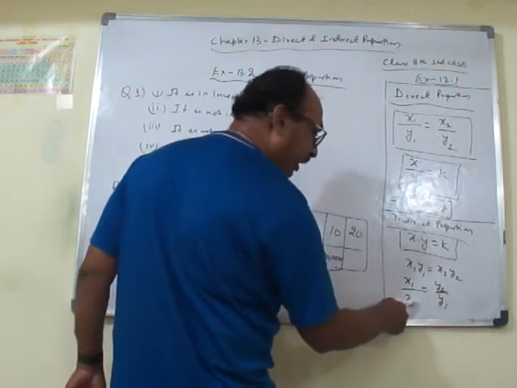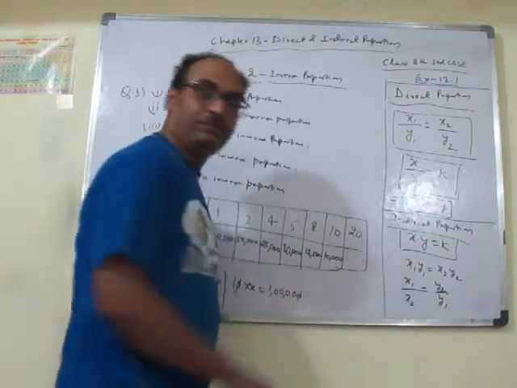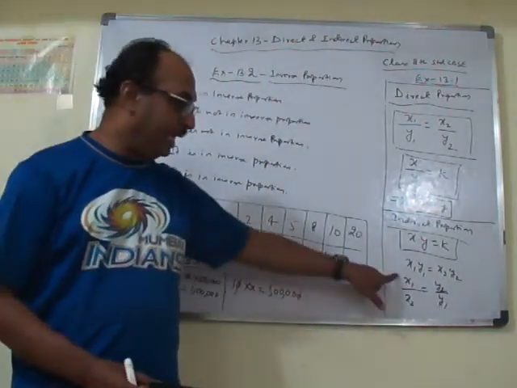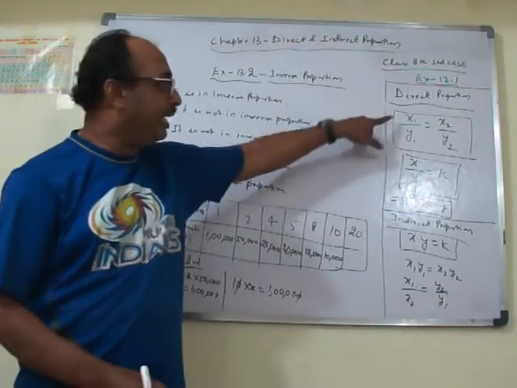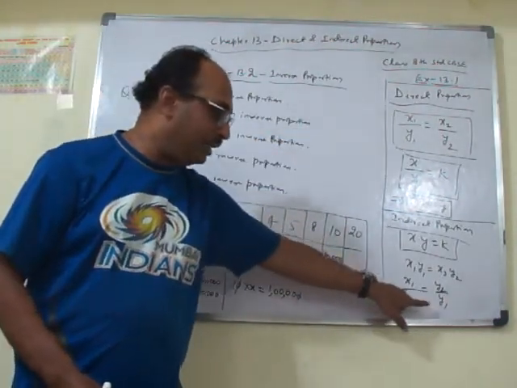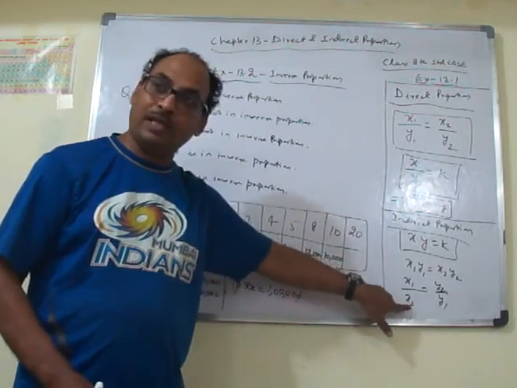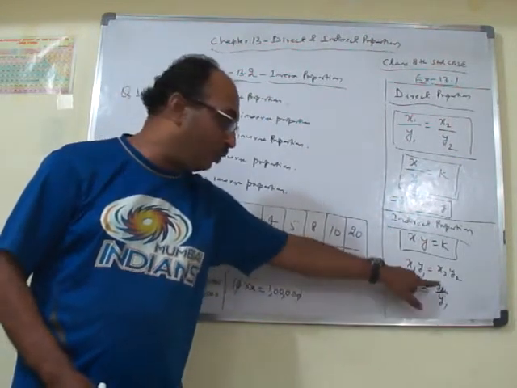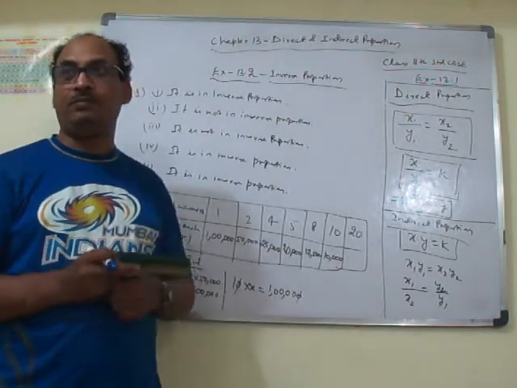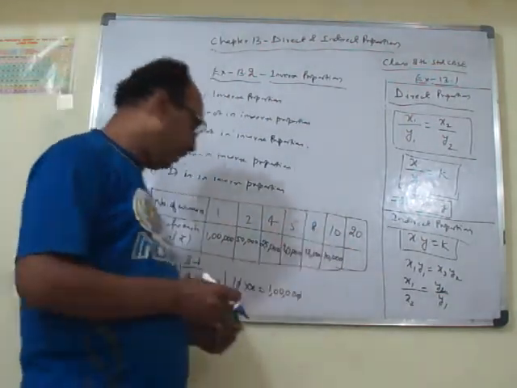Then only x2 y2 is equal to x1 y1. Correct? So this relation will be like this. Earlier x1 y1 was there, but here y1 is not there, x2 is there, or y2 is there. Okay, so this relation will be there.